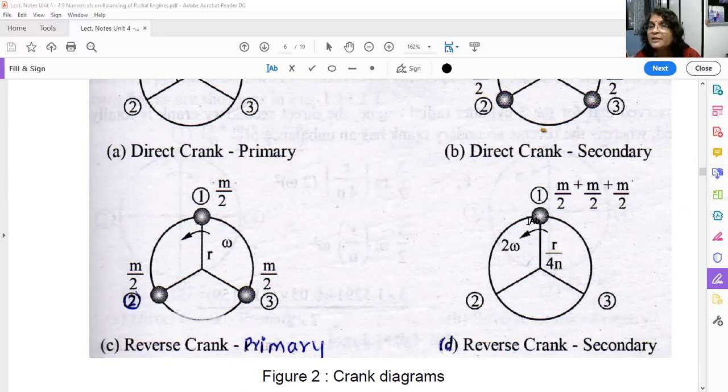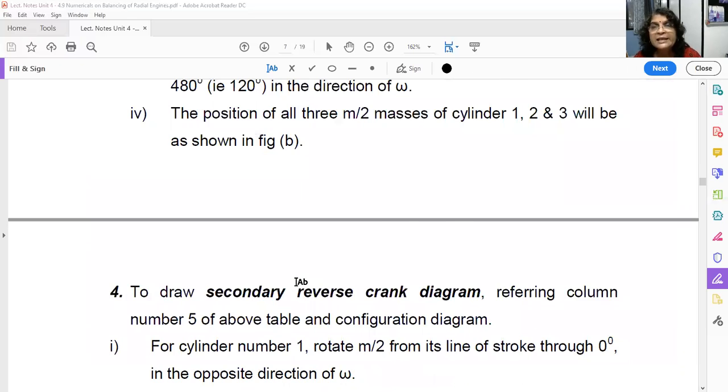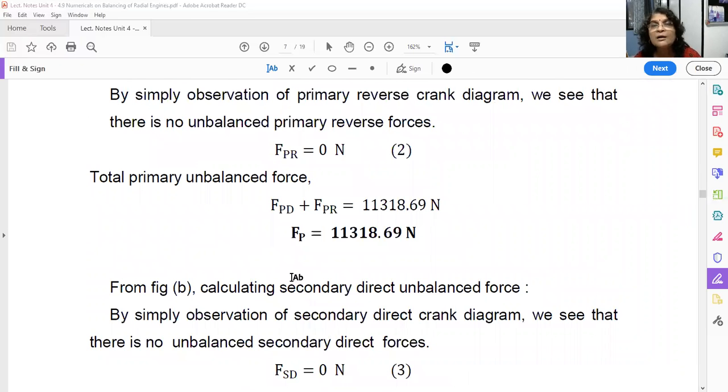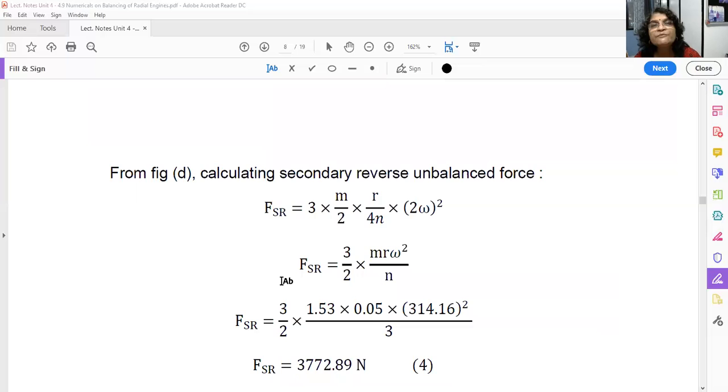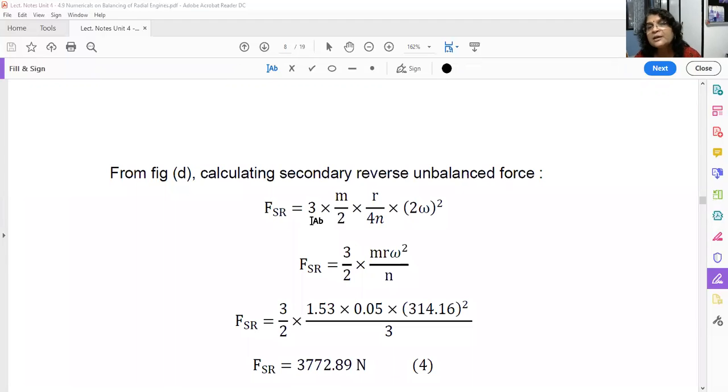Because all are gathered together. So how to calculate the secondary reverse unbalanced force? See here. So it is 3, because there are 3 masses. Mass is m by 2 into, what is the crank length? R upon 4n into speed is double, that is 2 omega bracket square.